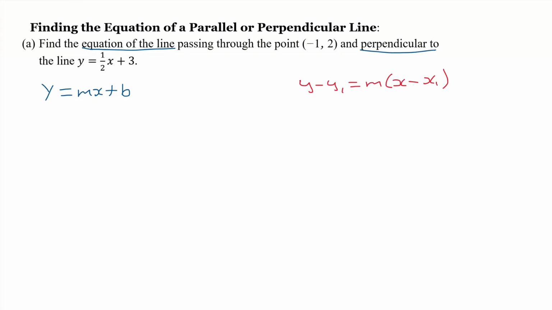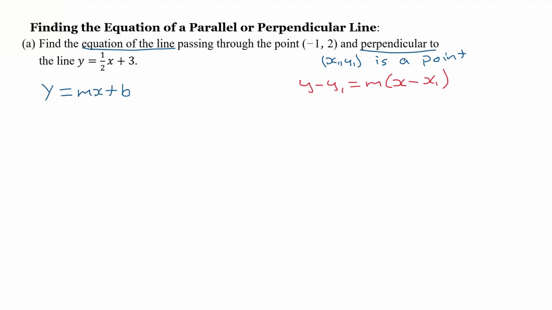Of course, in the first one, m is the slope and b is the y-intercept. And in the second one, x1, y1 is a point, right? And here, the b is the y-intercept and the m is the slope.